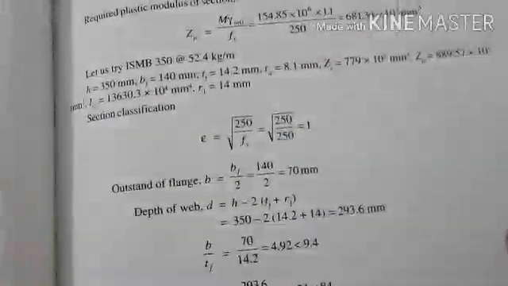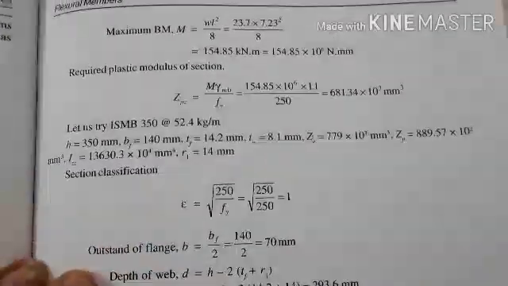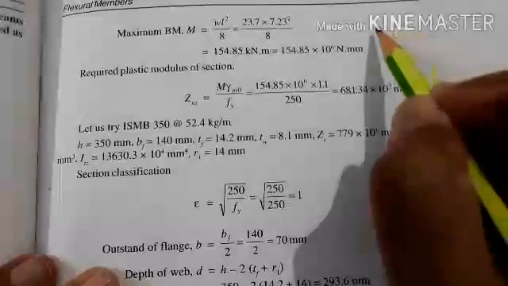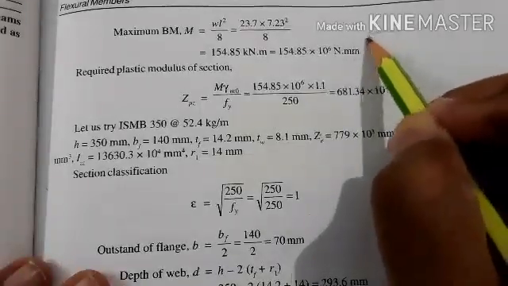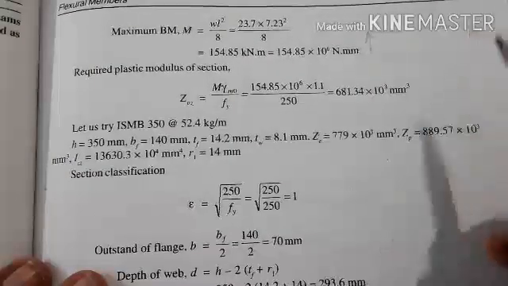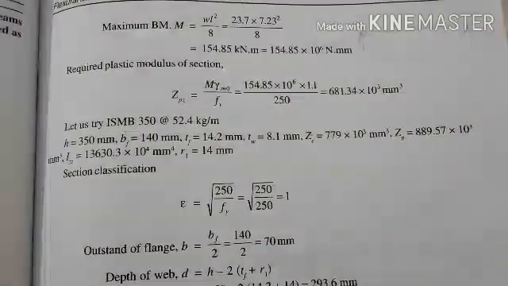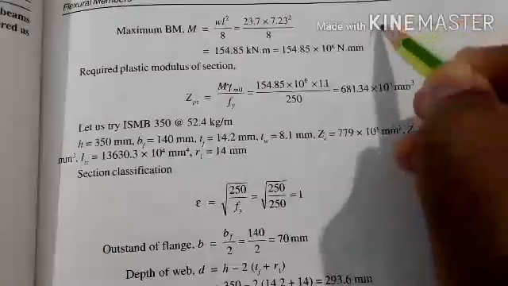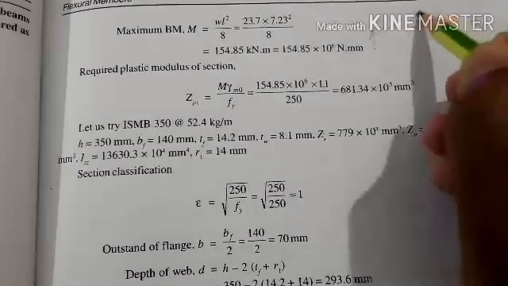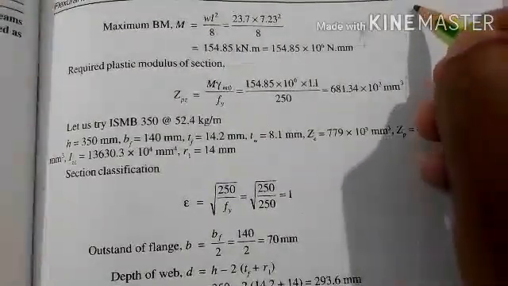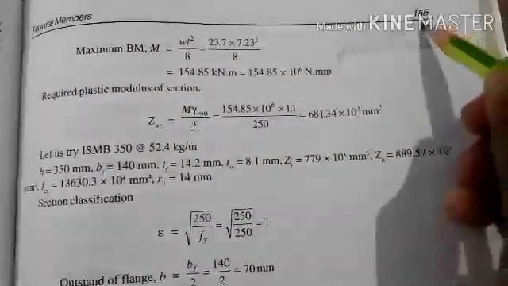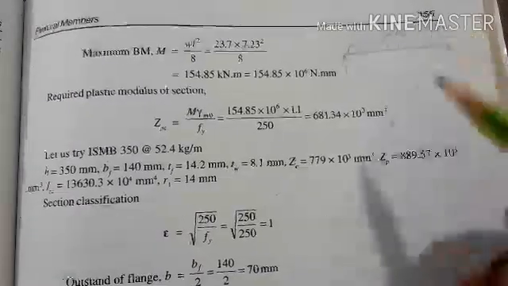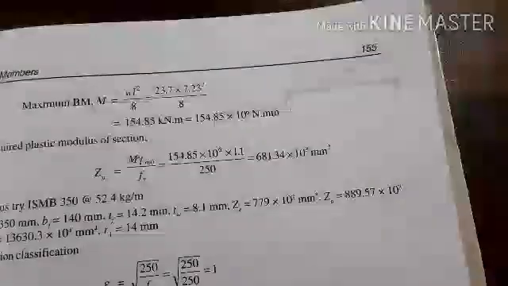Next will be, calculate the maximum bending moment. Since the intermediate beams are simply supported beams, they are carrying a UDL of 23.7 kilonewton per meter.